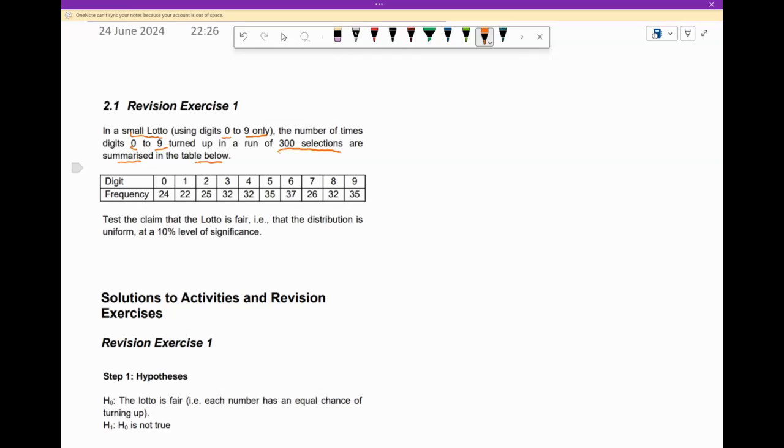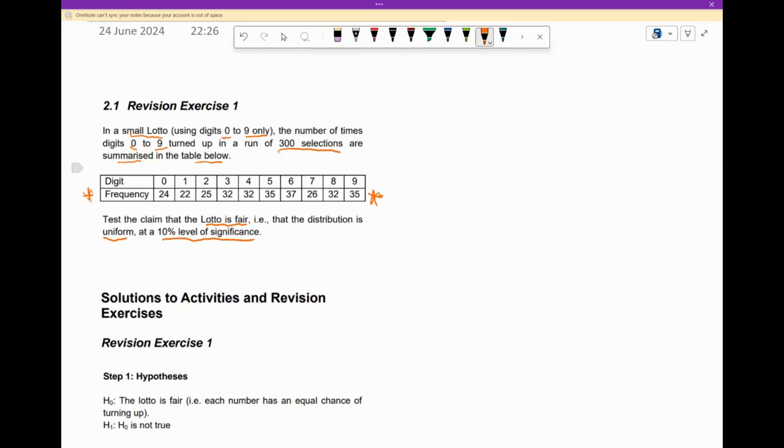So there you have it. There's your frequency. You've got one row this time. Test the claim that the lotto is fair, therefore, that the distribution is uniform at a 10% level of significance.